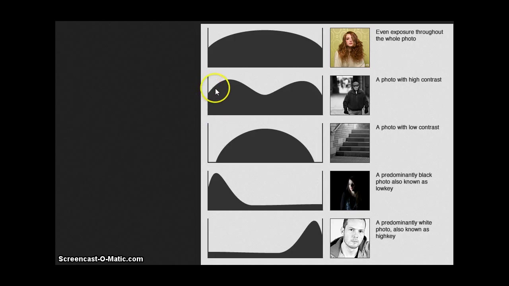With the contrast, we just change all the values towards either 0 or 255. Well, not all of them, but they are increased on either side. For high contrast, that is.